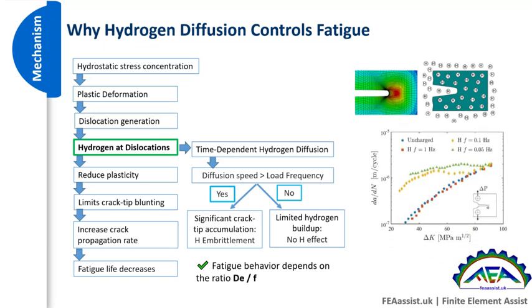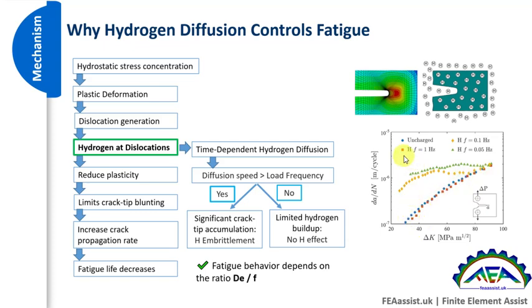For example, look at this experimental data from an Acta paper. The blue points are the crack propagation rate of raw material without hydrogen atoms.